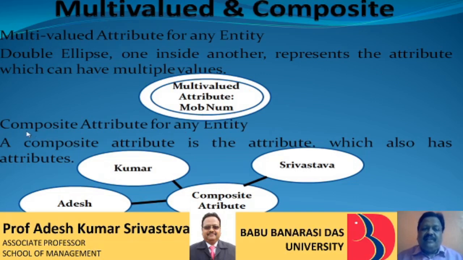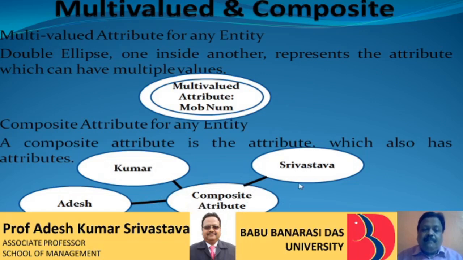Now we come to another attribute, that is the composite attribute. A composite attribute is an attribute which also has attributes. Means a composite attribute is composed of a few other attributes. For example, take my name, Adesh Kumar Srivastav. It is a composite attribute. Why?